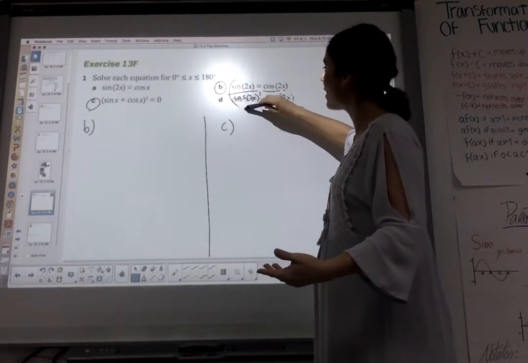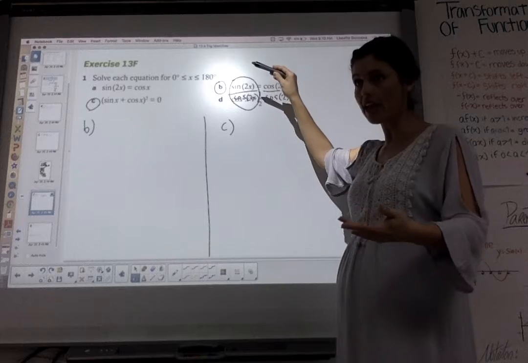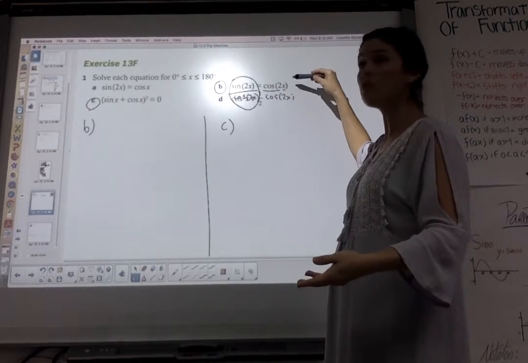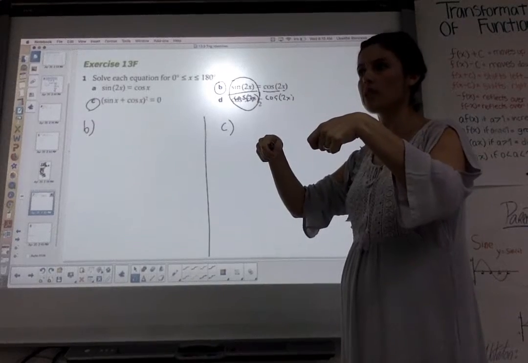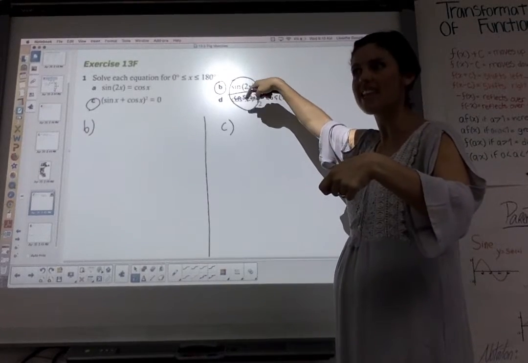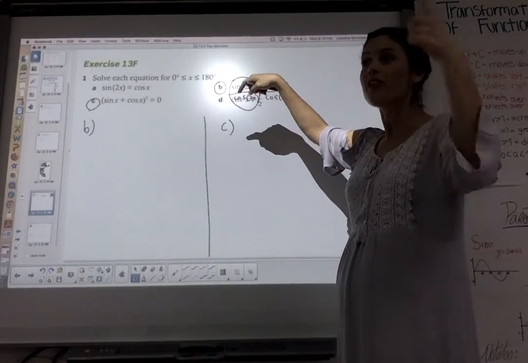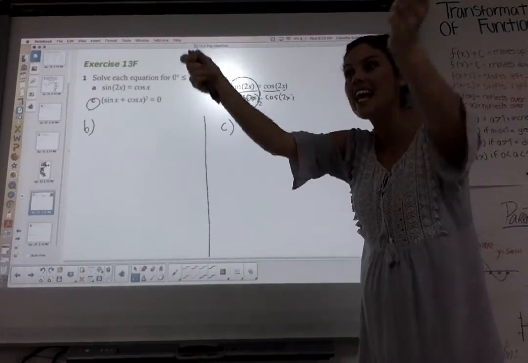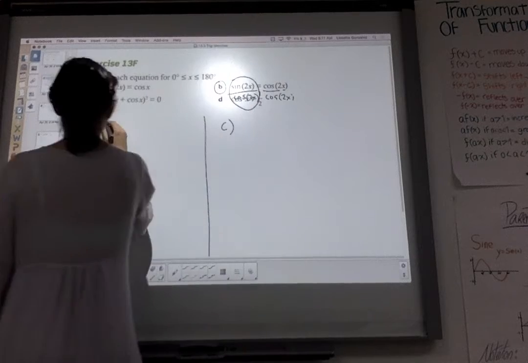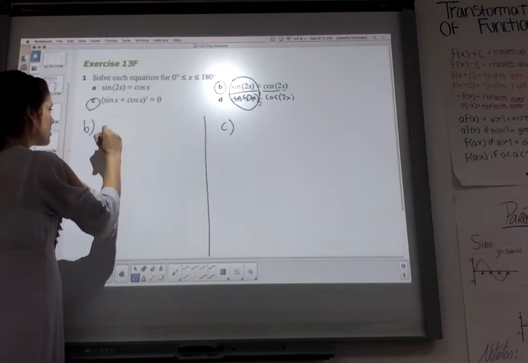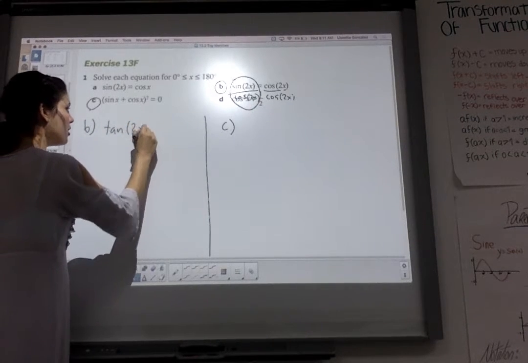I'm just gonna rewrite this as a whole, tan of 2x equals 1. So I didn't eliminate it from both sides. It's still present in the tan. The other example I showed you eliminated the x's on both sides. That's the difference. So I'm gonna write it as tan of 2x equals 1.